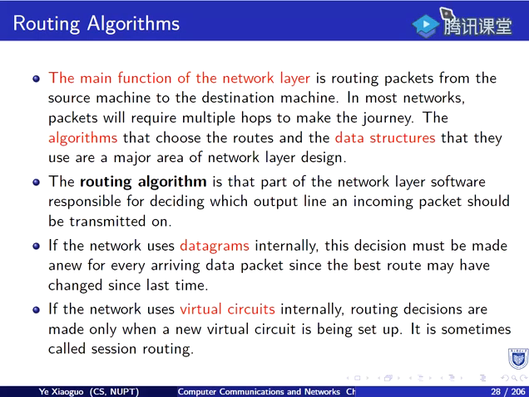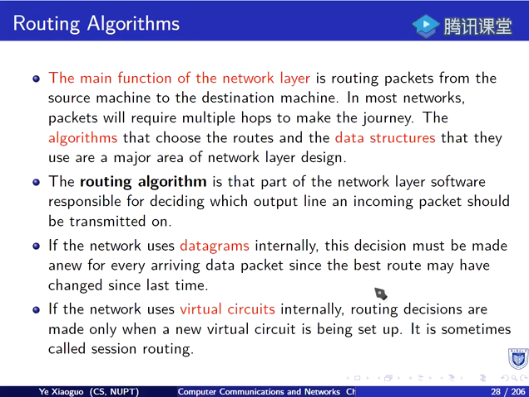If the network uses datagrams internally, this decision must be made anew for every arriving data packet, since the best route may have changed since last time. If the network uses virtual circuits internally, routing decisions are made only when a new virtual circuit is being set up.